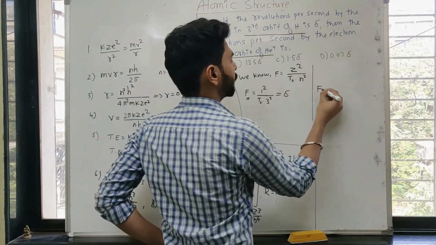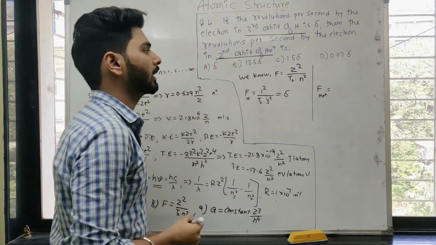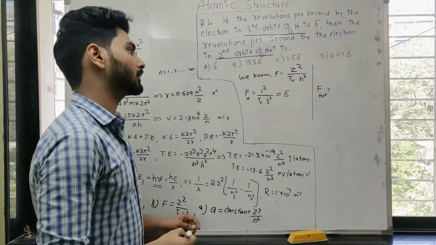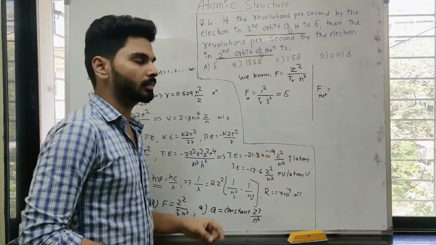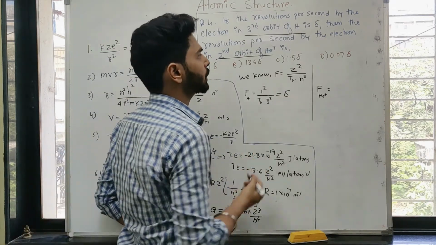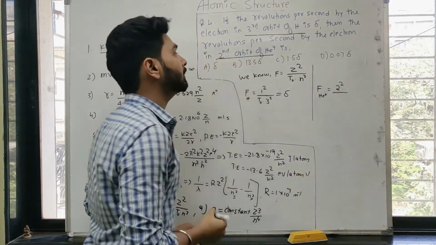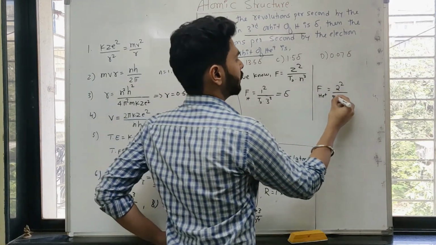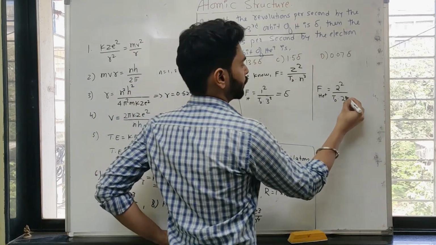So there the frequency is equal to, now remember, in this type of questions we have to check whether they are talking about the same atom or different atoms. In this case it is different, so Z will change here. So 2 power 2 divided by T naught into the second orbit, 2 cube.